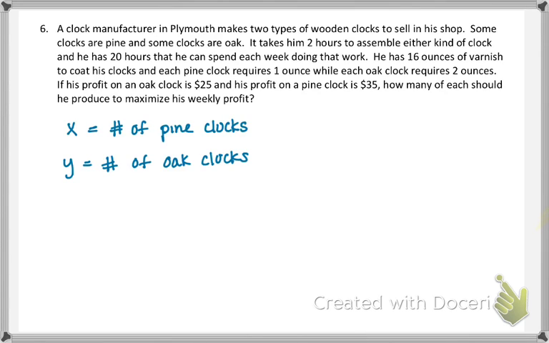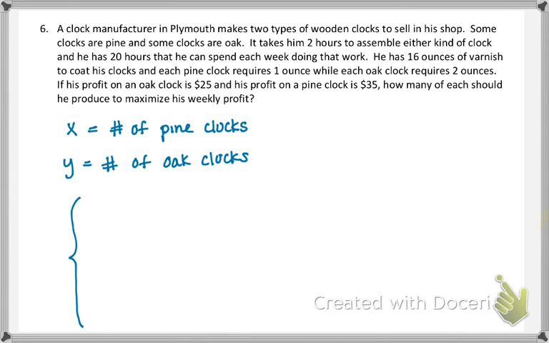Okay, let's see what our constraints are. What are we limited by or restricted by, criteria that we have to fulfill? It looks like it takes him 2 hours to assemble either kind of clock. So 2 hours to make a pine and oak clock, and he has 20 hours that he can spend each week doing that work.